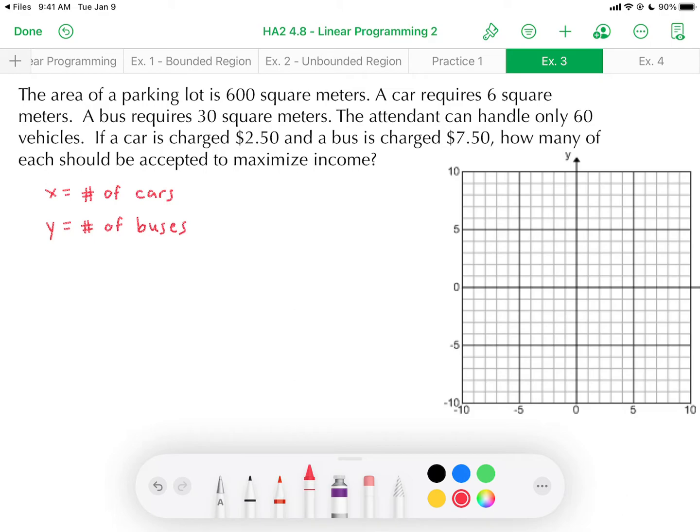So right there's enough information to give me two inequalities or two constraints. I can say X is greater than or equal to 0. The number of cars has to be non-negative. And then I could also say Y is greater than or equal to 0.